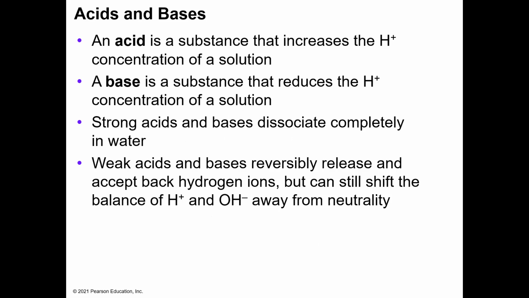with the water molecules. So strong acids and bases dissociate completely in water, meaning that they will completely react and it will be a very strong reaction. Weak acids and bases will have a reaction, but it's not as violent, and they will actually start to swish backwards and forwards until they form some sort of neutrality.